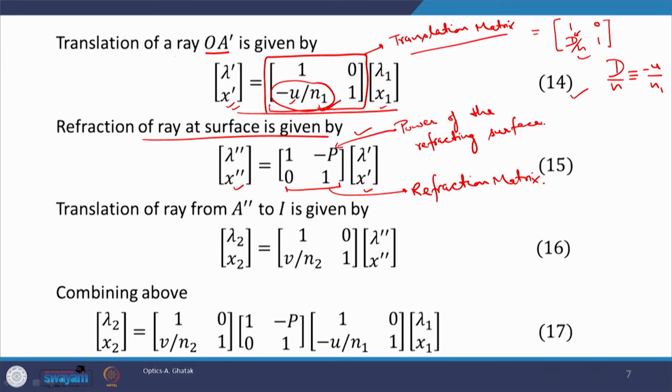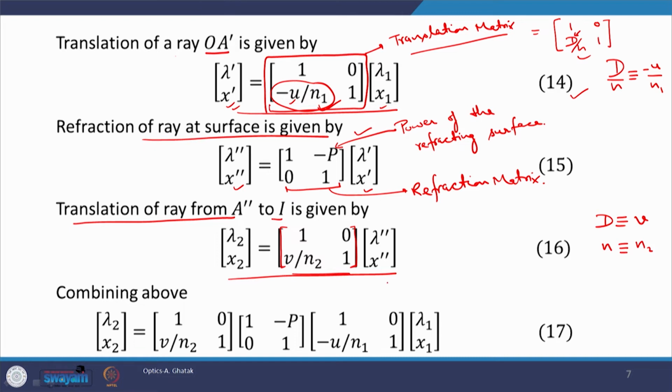And at last, for the translation from A double prime to I, we can again write this translation matrix. Here d is replaced by v, while n is replaced by n2, where n2 is the refractive index of the medium on the right hand side of the refracting surface. Therefore, we have this type of translation matrix.